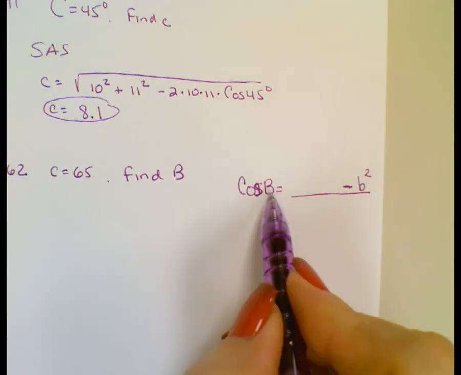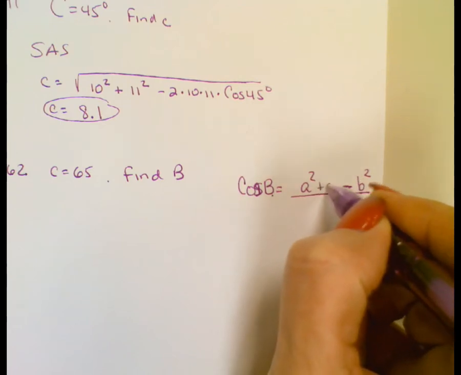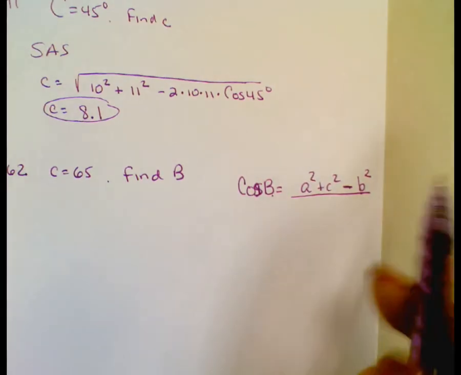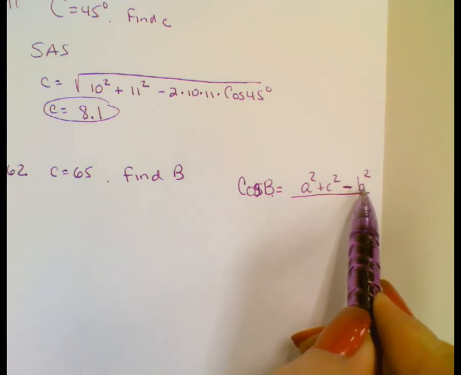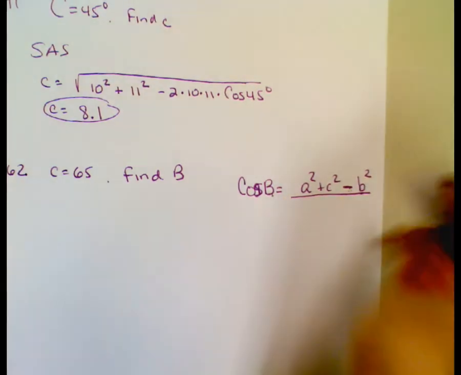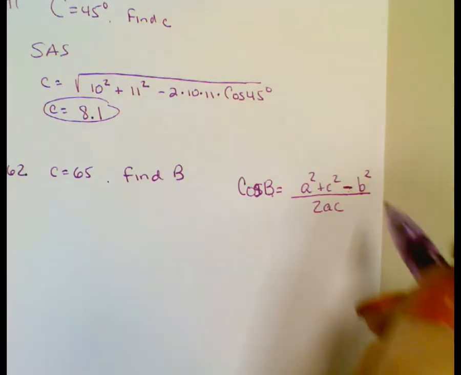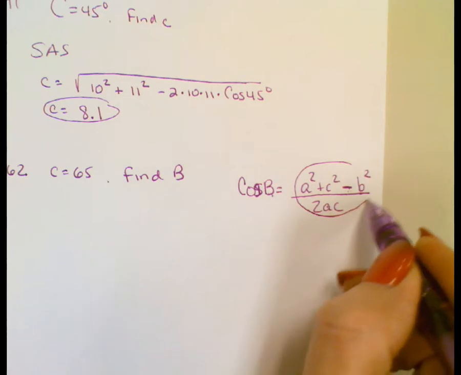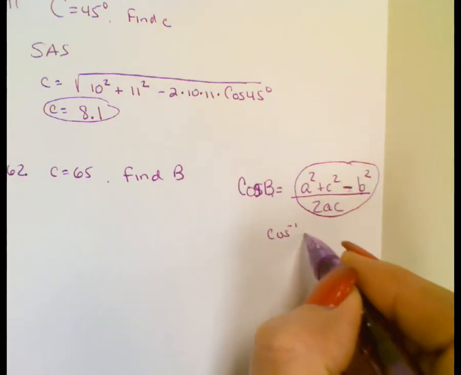Just make sure if this is B, always subtract b squared over here. And then this is going to be a squared plus c squared. All three sides should be included on the top, but one of them is always subtracted. I always subtract the one across from the one I'm solving for. And then on the bottom, you have 2ac. So when you punch this in your calculator, you're going to get a decimal. And then you're going to take arc cosine of whatever all of this is.